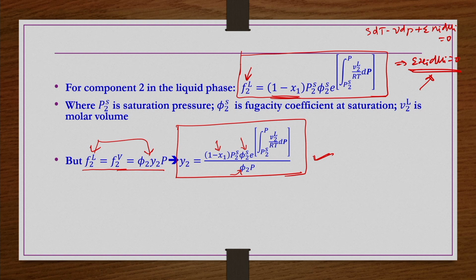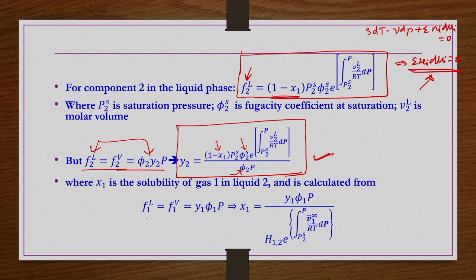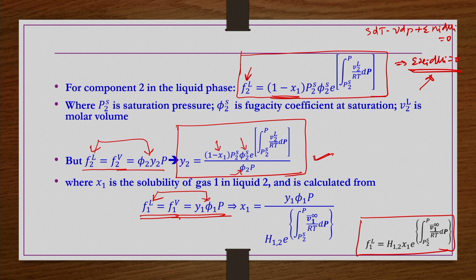That x1 we do not know, even if you know Phi2 and Phi2S. To find it, we use F1L equal to F1V, and F1V is y1 Phi1 P. F1L we have already written as H12 x1 exponential of integral V1 bar infinity by RT dP, derived in the previous slide.